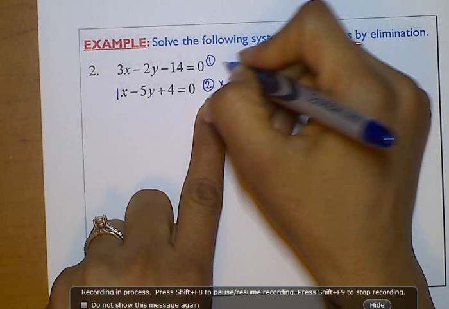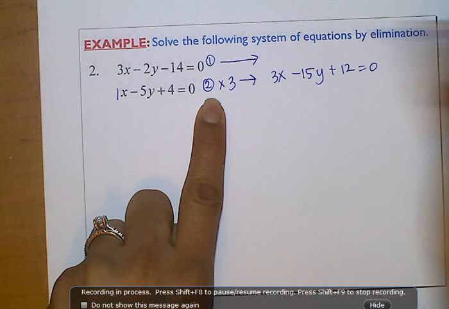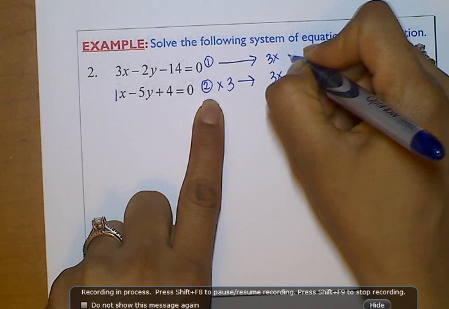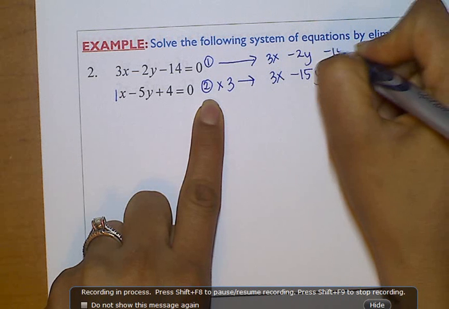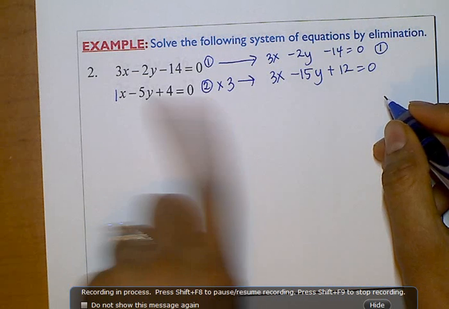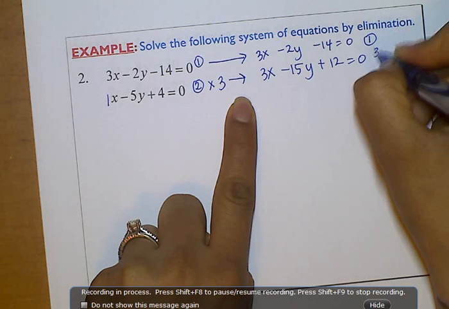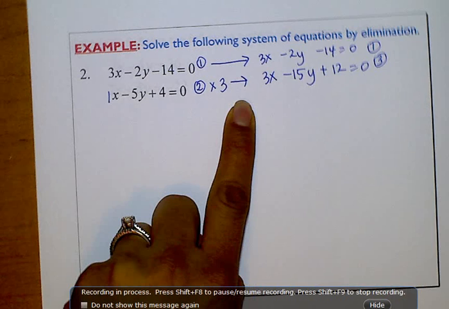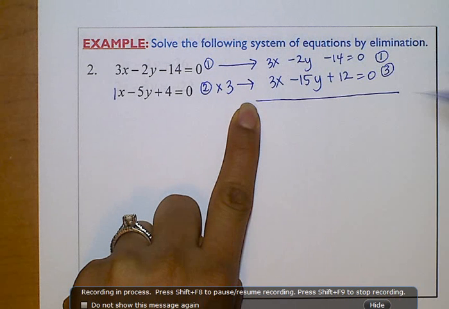Alright, now I'm going to decide, do I subtract my equations or do I add them? So since they have the exact same signs, the positive 3 and a positive 3 here, same signs means subtract to eliminate a variable. So 3x minus 3x is a 0x, so basically I've just eliminated that variable.